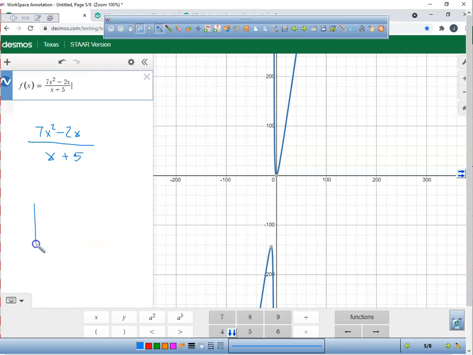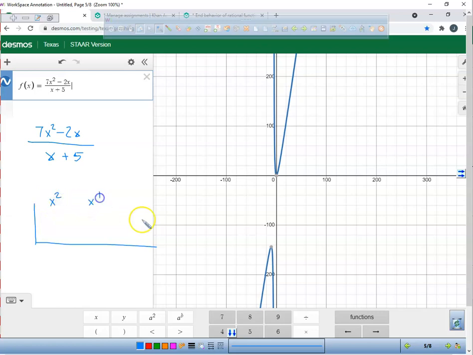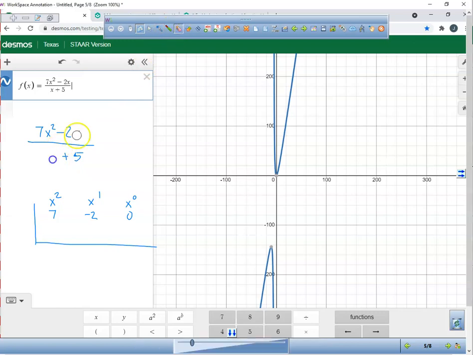Now, it's been a while since you guys have done this, but there's this wonderful thing called synthetic division. How many x squareds do we have? 7. How many x to the power of 1s do we have? Negative 2. And how many x to the zeros do we have? 0.